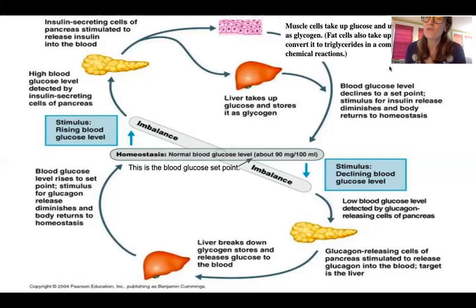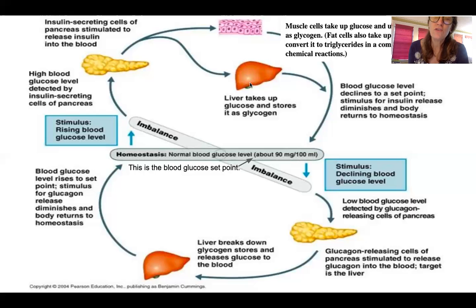Fat cells will also take up glucose and convert it to triglycerides in a complex set of chemical reactions that I'm not going to go into, but I do want you to know that insulin will trigger the creation of fat as another way to store excess glucose. It's not a dehydration synthesis reaction, it's a complex reaction. Whereas when muscle cells make glycogen, that is a dehydration synthesis reaction.